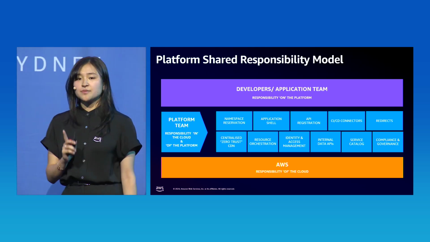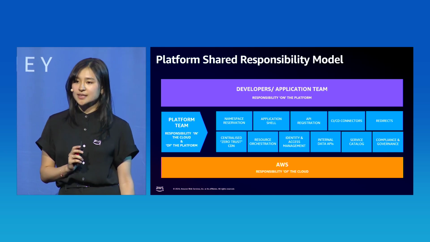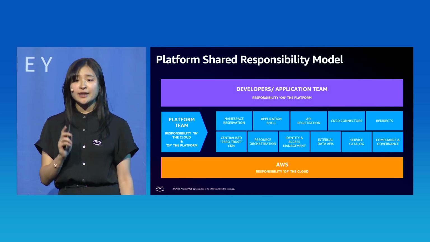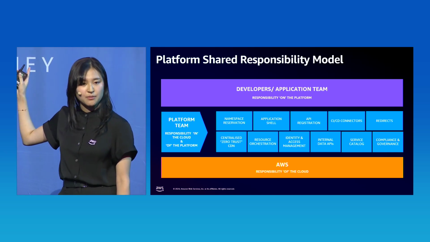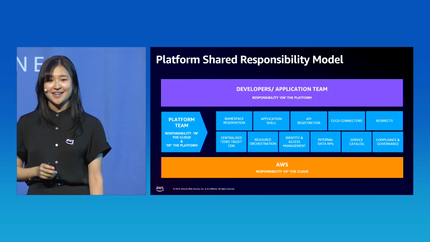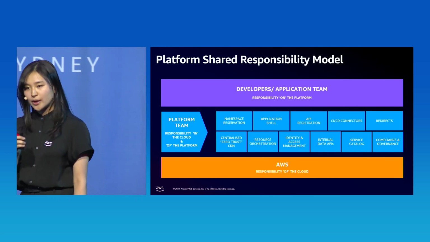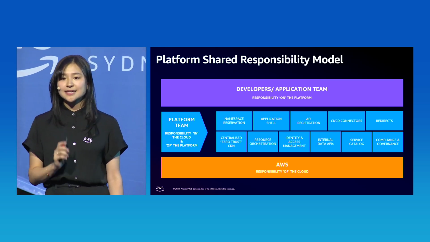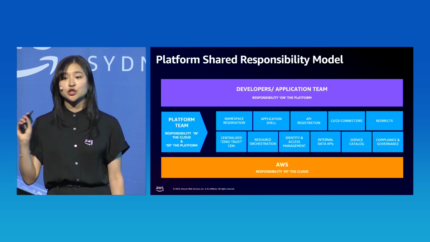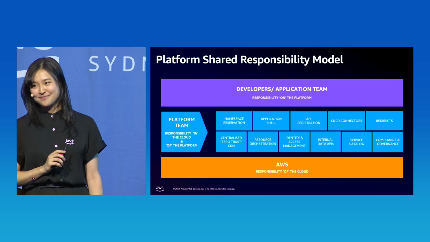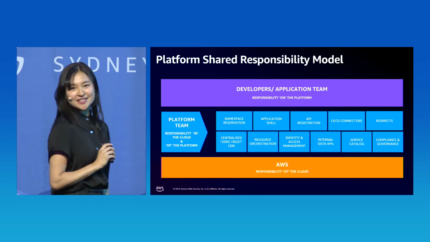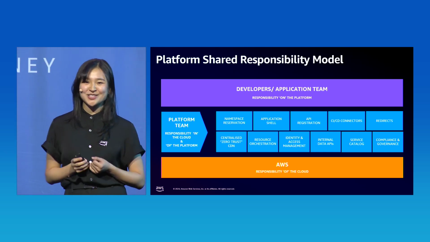Wherever the line of responsibility falls, what's important is that you unanimously agree on a platform shared responsibility model. You communicate it, and you evolve it as your teams mature. You need to draw the right organizational lines and understand how to balance freedom with control. Speaking of freedom, freedom in the minds of engineers means having admin access on your laptops.